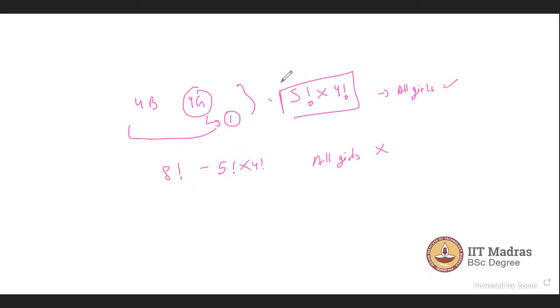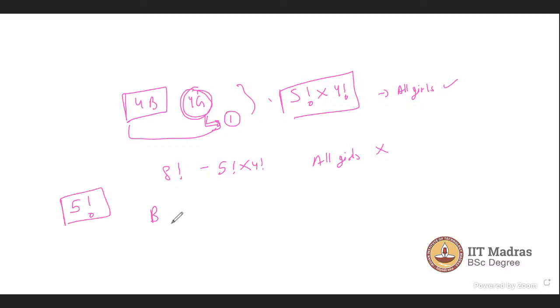Why 5 factorial? That's a good question. See, I have 4 boys already. I am considering all the 4 girls as only one, so I have only 5 things to arrange, which can be done in 5 factorial ways.